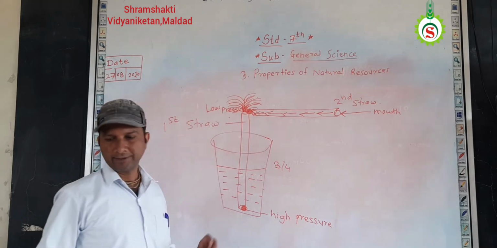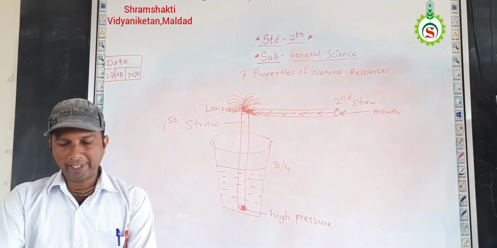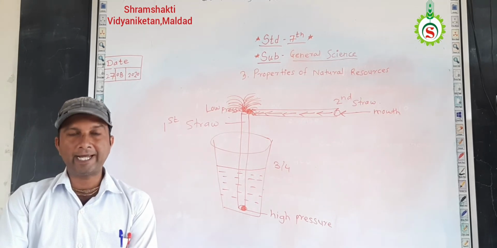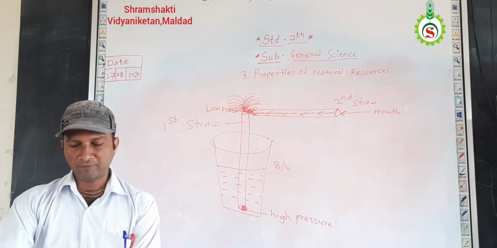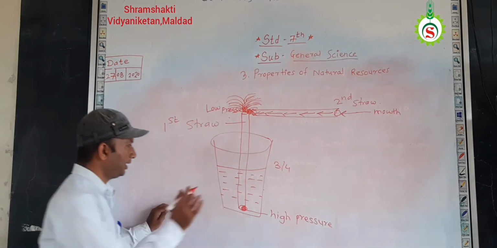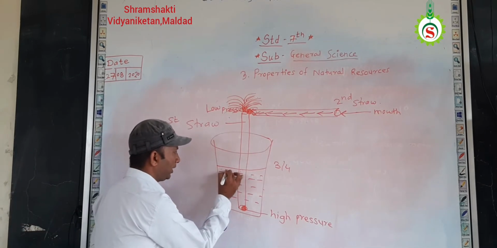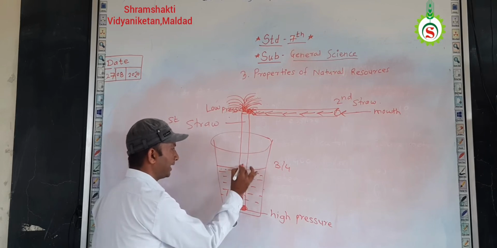So what happens? As the pressure of the air near the upper end of the straw becomes less than atmospheric pressure, the water in the cup is pushed from where the pressure is higher to where it is lower. So the water present inside the glass is pushed up through this straw.